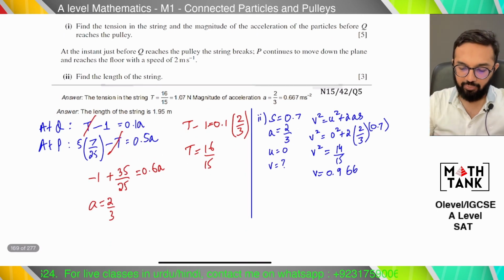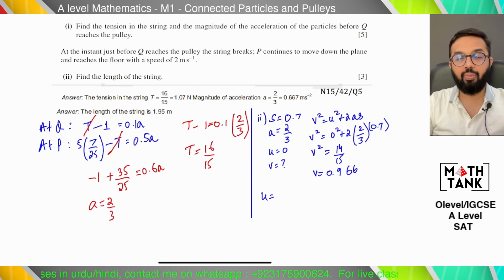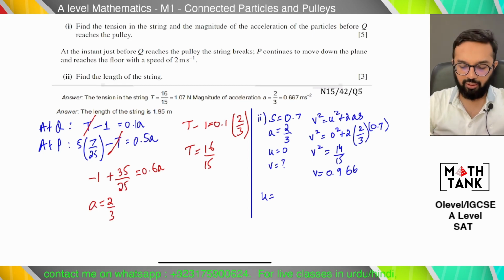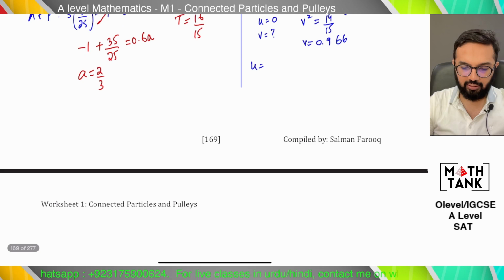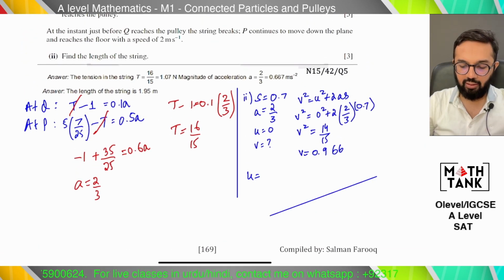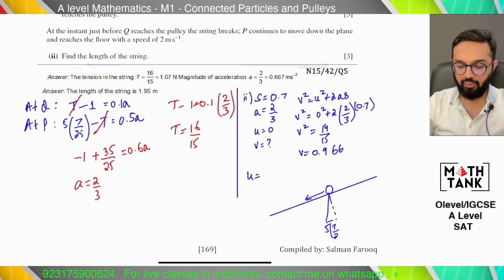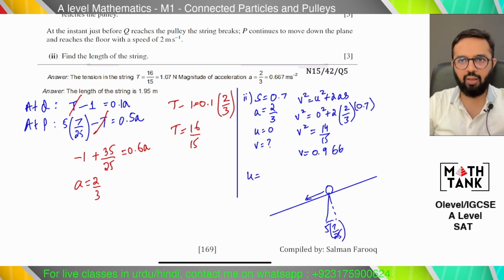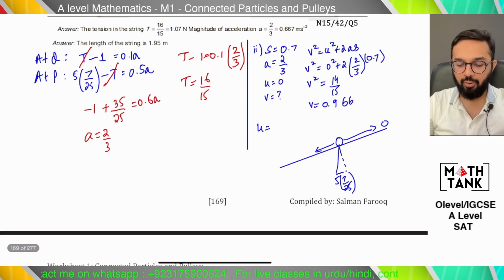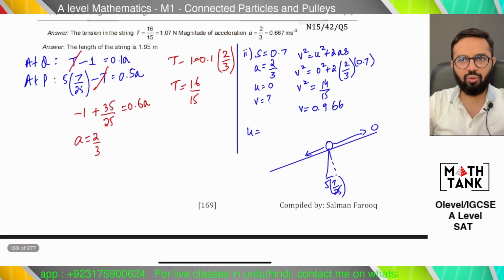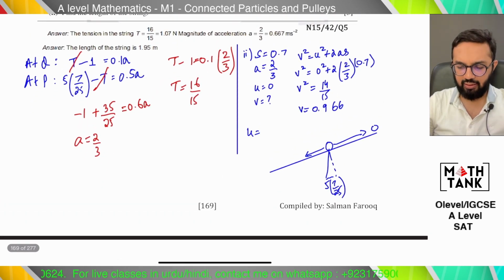Once the string breaks, A is then moving just with its downward force, which was 5 into sine theta, which was 35 over 25 basically. There's no tension resisting it anymore. I think it should be accelerating rather than decelerating.